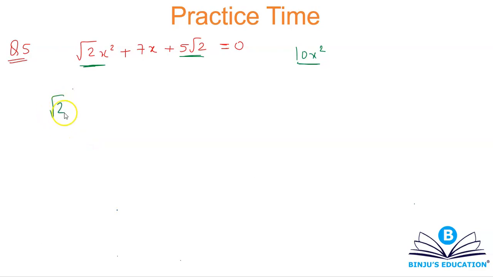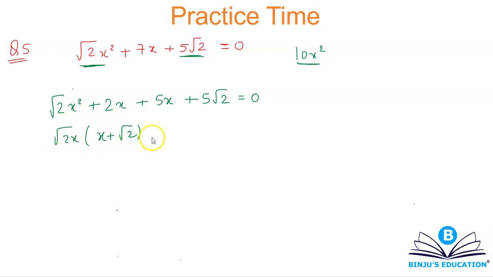So you're going to have root 2x square plus 2x plus 5x plus 5 root 2 is 0. So you can take root 2x common. It's going to be x plus root 2 plus 5 into x plus root 2 is equal to 0.